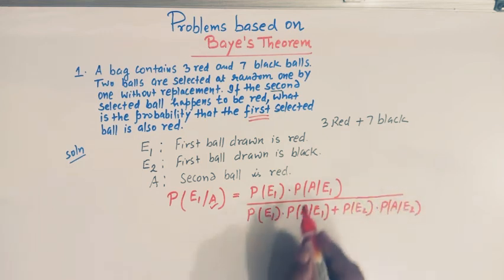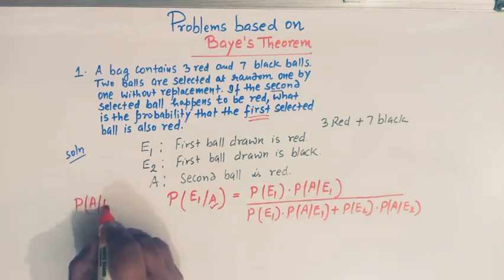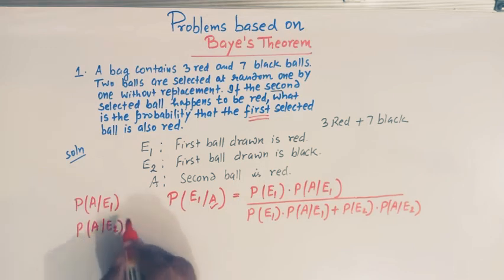So here the conditional probabilities A by E1 and A by E2 are given.